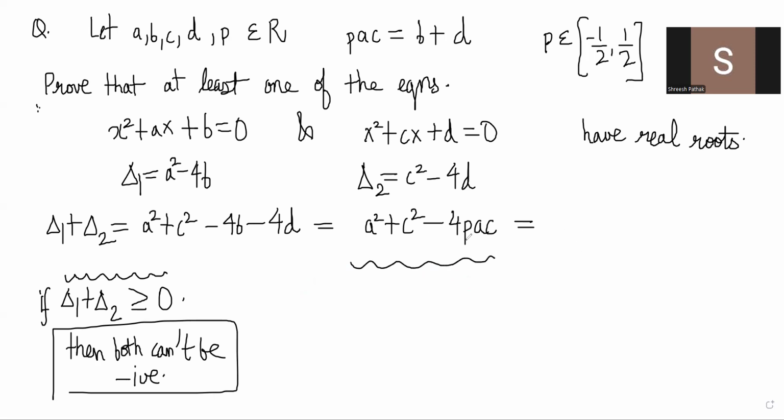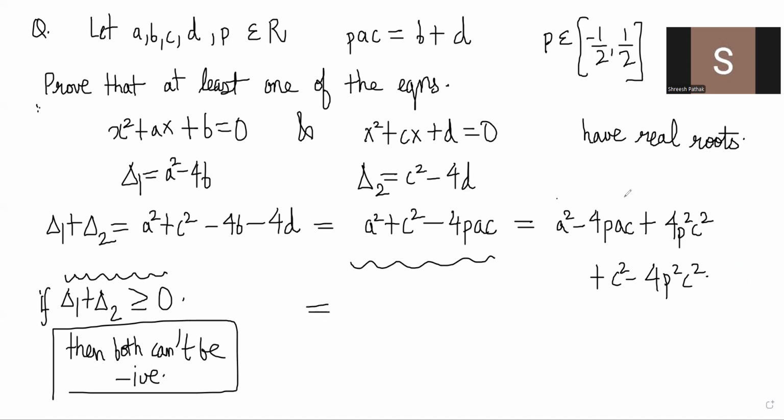This expression we can write as a square minus 4pac plus 4a square c square plus c square minus 4a square c square. No, that is also wrong. We can do p square c square plus 4p square c square plus c square minus 4p square c square.